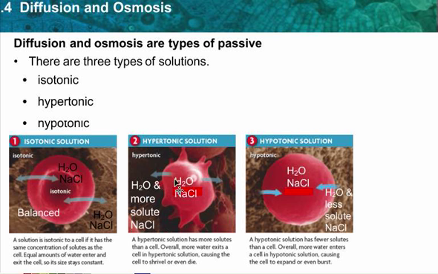In this case, the cell is actually going to shrivel, and the reason it does that is because you've got water on both sides of the membrane. If you've got more salt out here and less in here, the water is actually going to move out to this higher sodium area to dilute that high concentration of sodium chloride. So you can see it moves from an area where it needs to dilute a high concentration.